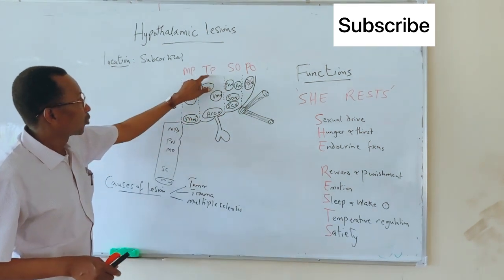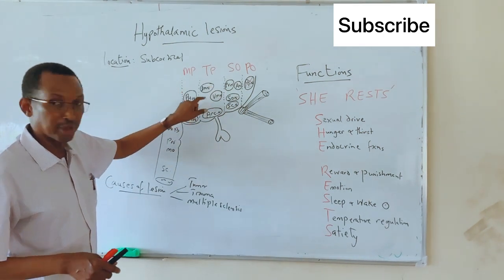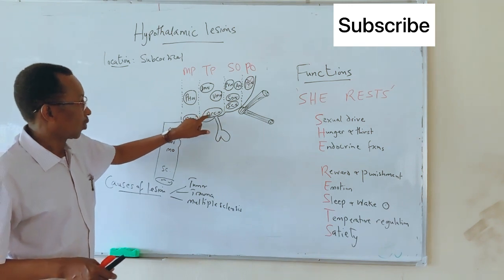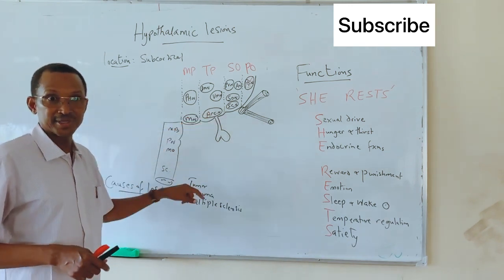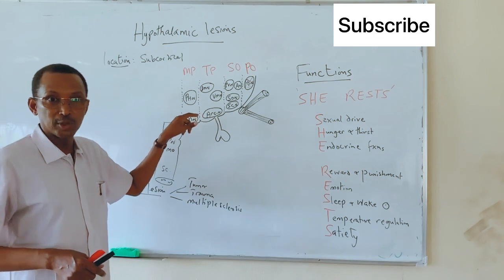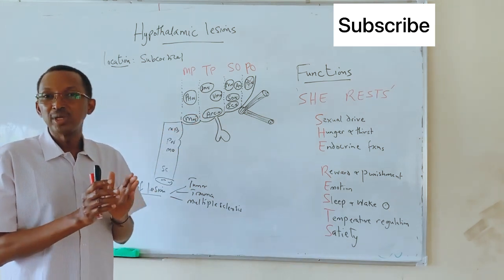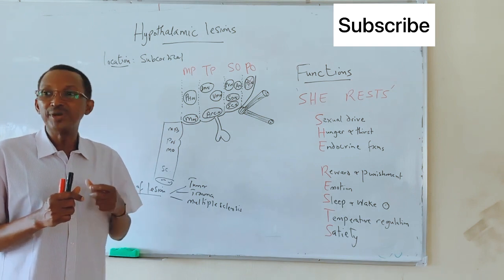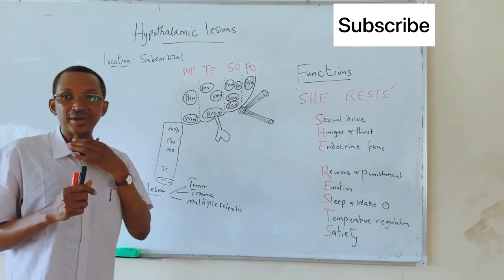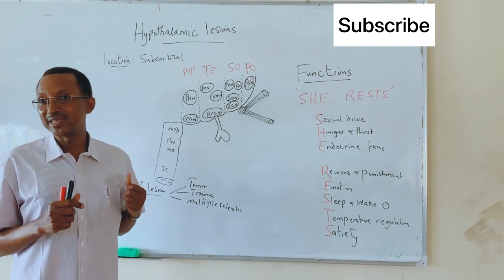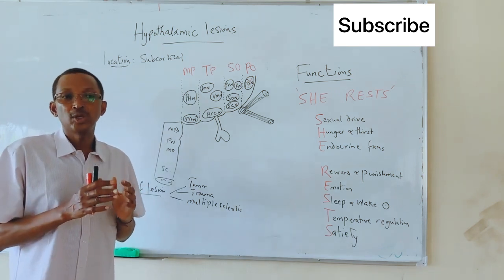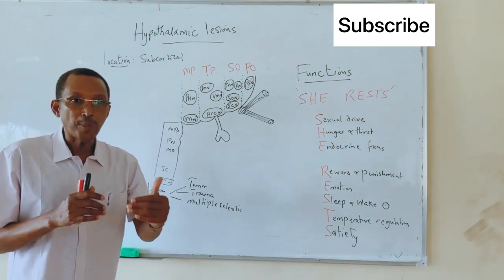In the tuberal portion of the medial hypothalamus, we have the arcuate nucleus. This arcuate nucleus regulates virtually most of the hormones produced and released by the pituitary gland. In the pituitary gland, you know that we have an anterior part and a posterior part.